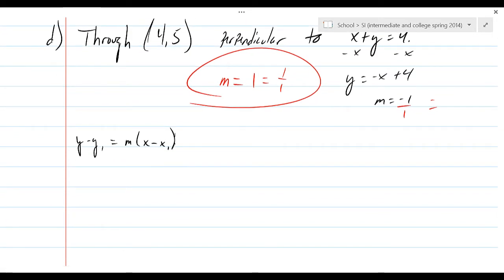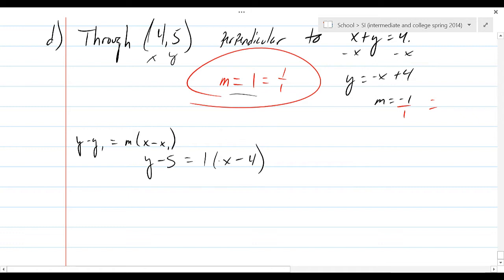And I've got to plug in my y value and my x value. So I've got y minus 5 equals, what's my m? My m is 1. 1 times x minus 4.